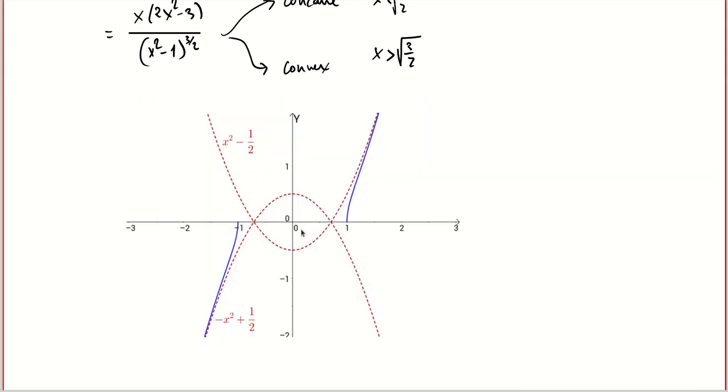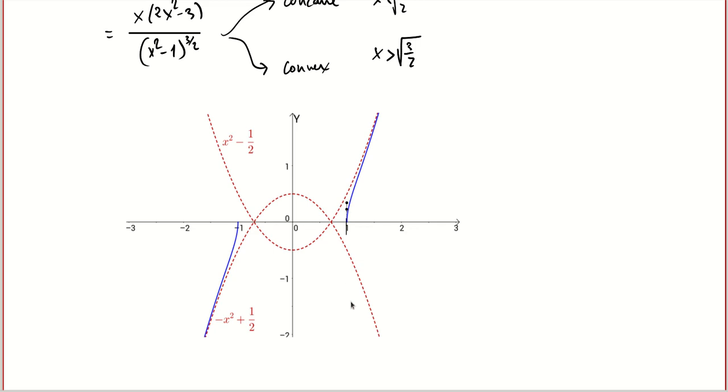So let's focus on the positive side, which is the only one that we've analyzed. Here you have the parabola, x squared minus 1 half, the one that is asymptotic to our function for large values of x. And then we have a function that starts at 0 at the point 1, okay, with a vertical tangent as we derived.